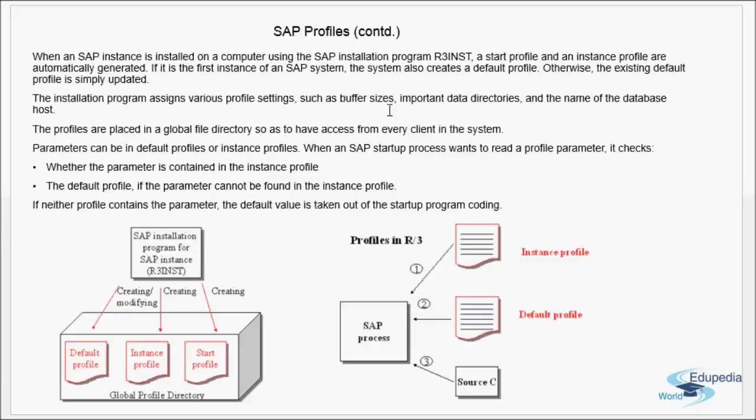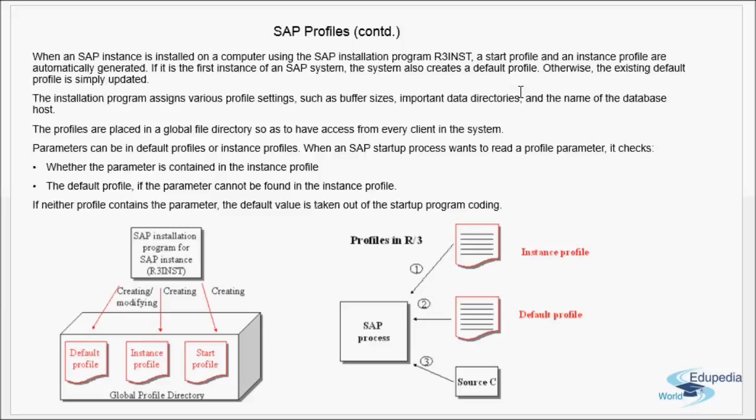When an SAP instance is installed on a computer using the SAP installation program R3INST, a start profile and an instance profile are automatically generated. If it is the first instance of an SAP system, the system also creates a default profile. Otherwise, the existing default profile is simply updated.